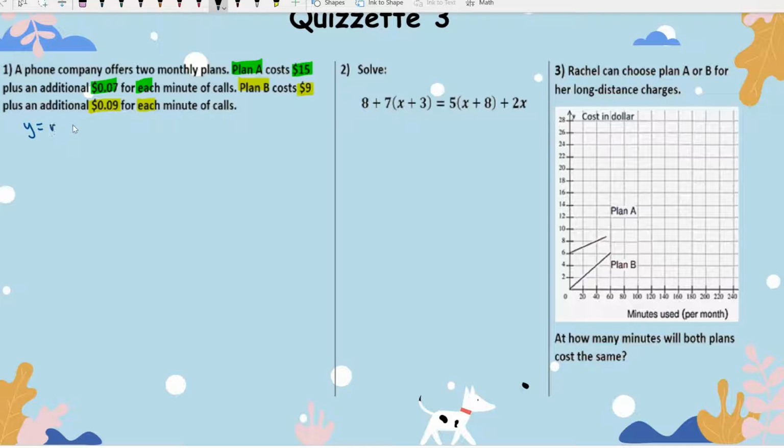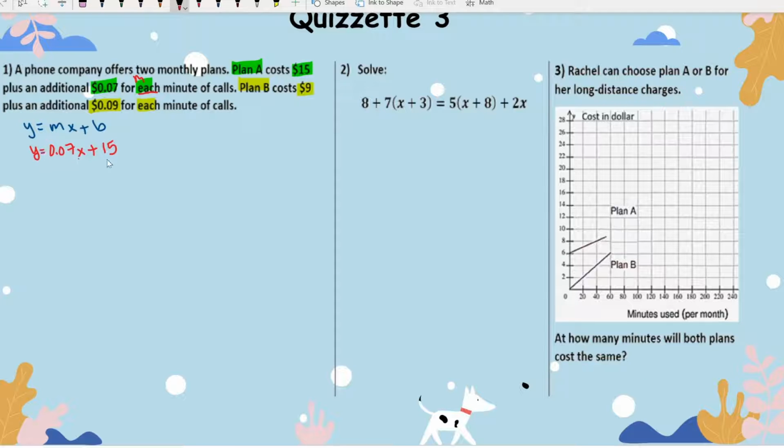We base it on y equals mx plus b. B is your beginning and m is your slope, which will tell you the pattern. In this case, the keywords are each, every, and per. That will tell you your slope. So m is 0.07, then x is x. B is the beginning, the initial charge, which is $15.